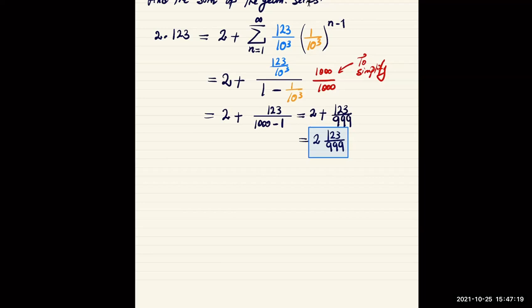Now we're going to talk about the harmonic series. You know what a harmonic series is: 1 plus 1/2 plus 1/3 plus 1/4 and so on. But we have not yet discussed the convergence or divergence of the harmonic series.